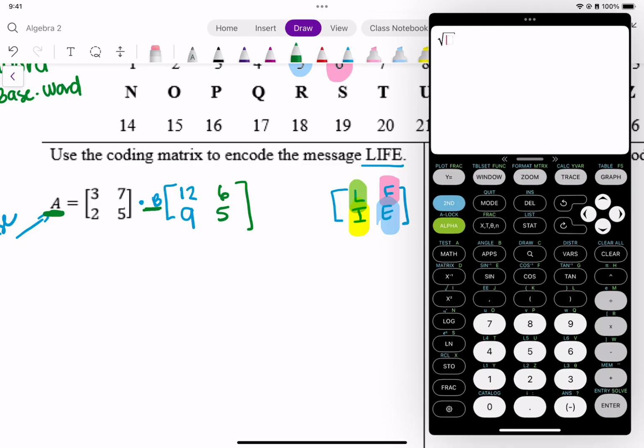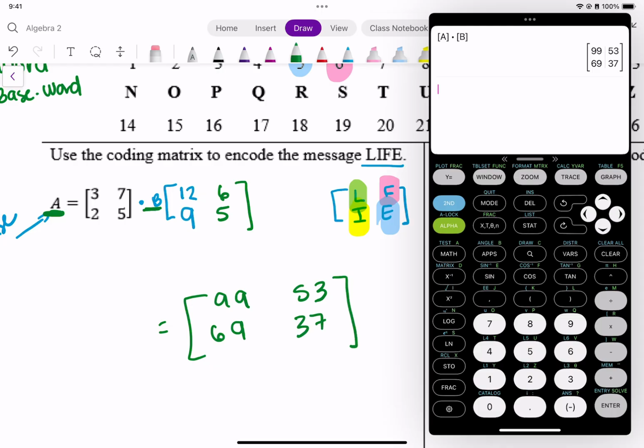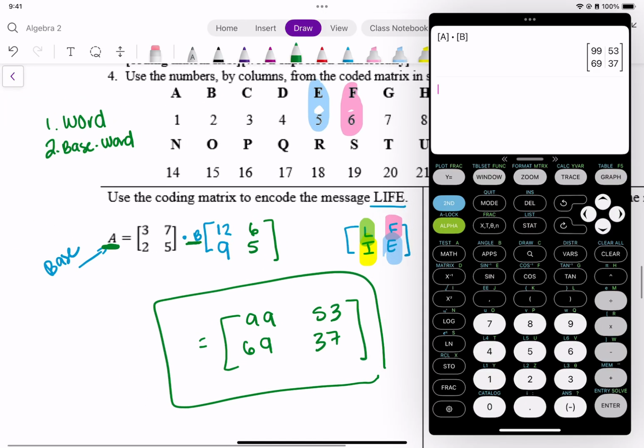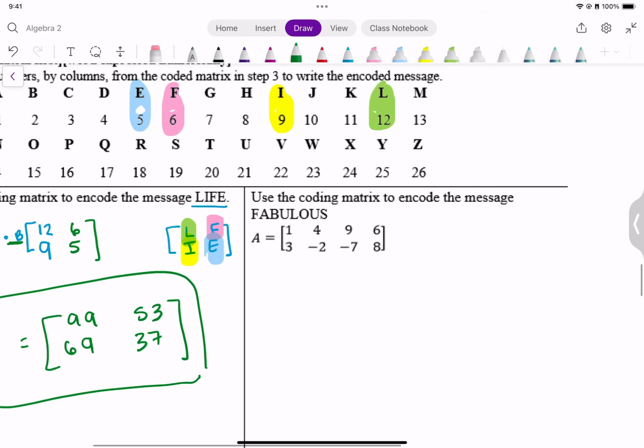We have A times B. Okay, and that would be the answer. 99, 53, 69, 37. That would be the encoded message. So again, step 1, find the word. Step 2, multiply the base times the word. Okay, let's go ahead and try another one.